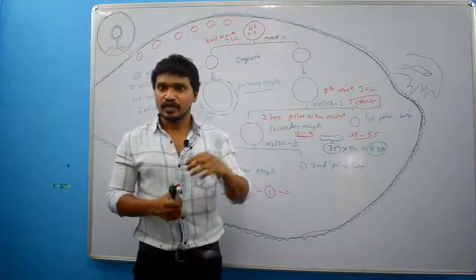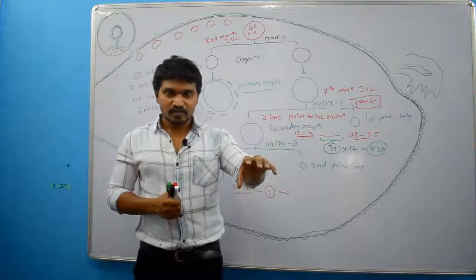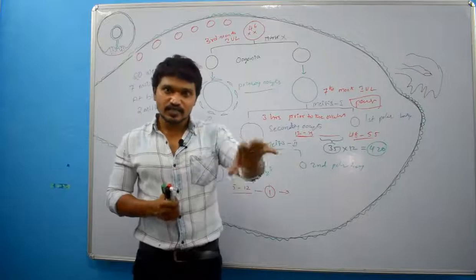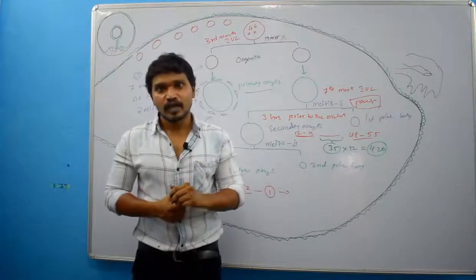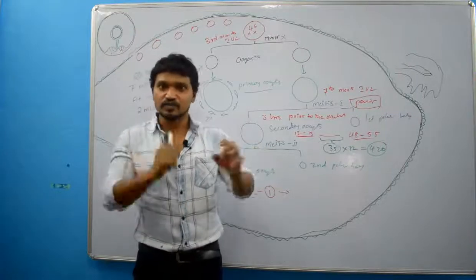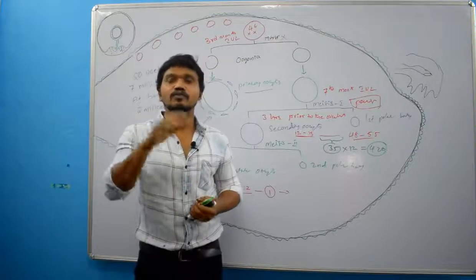Right? Okay. On the other hand, because of unequal distribution, this cell may contain only 22. If this ovum fertilizes with a normal sperm, the resulting zygote contains 45 chromosomes.